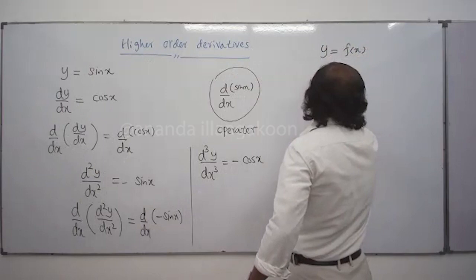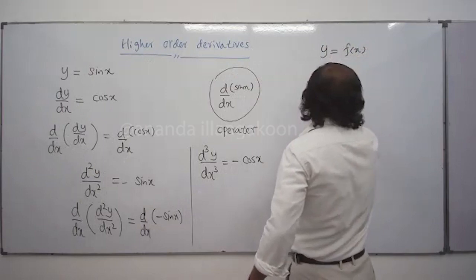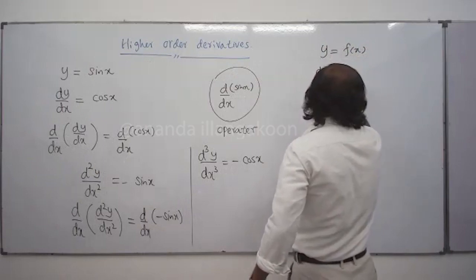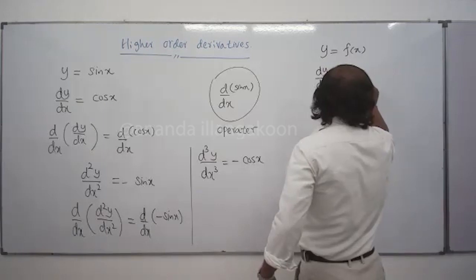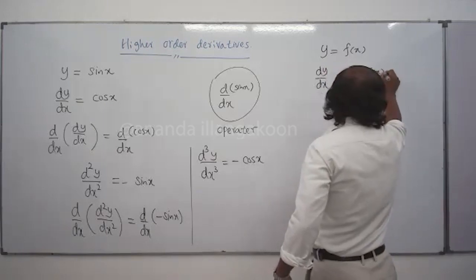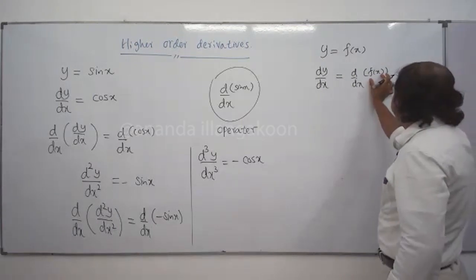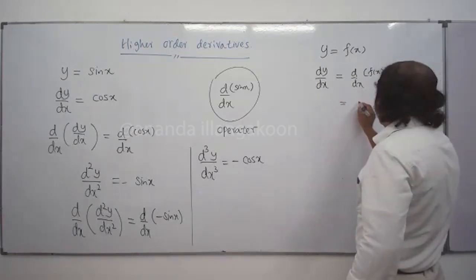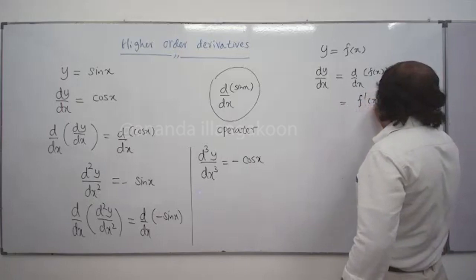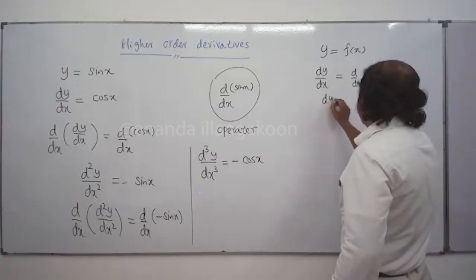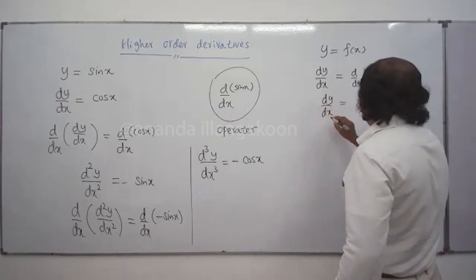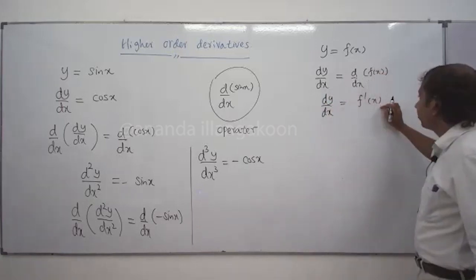Then the first derivative, dy by dx, is d upon dx of f x. This is how we write that. The first derivative of f x we denote by the symbol f dash x. This is the standard notation to denote the first derivative of f x with respect to x.